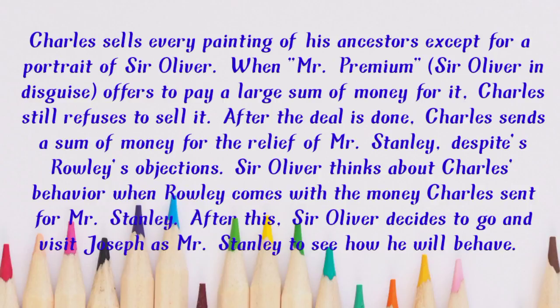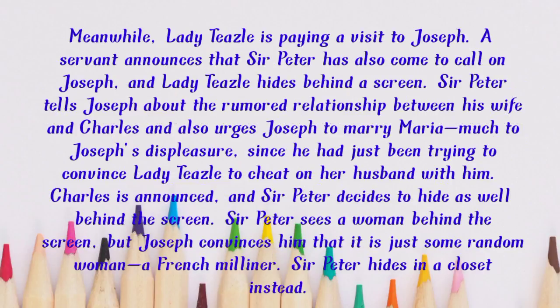After the deal is done, Charles sends a sum of money for the relief of Mr. Stanley despite Rowley's objection. Sir Oliver thinks about Charles' behavior, then Rowley comes with the money Charles sent for Mr. Stanley. After this, Sir Oliver decides to go and visit Joseph as Mr. Stanley to see how he will behave.